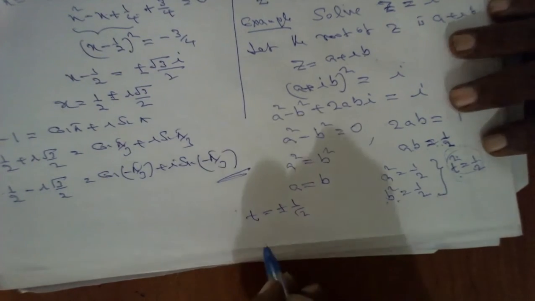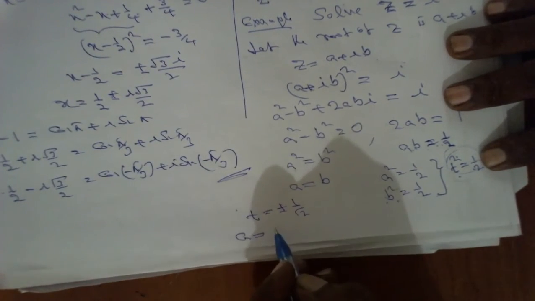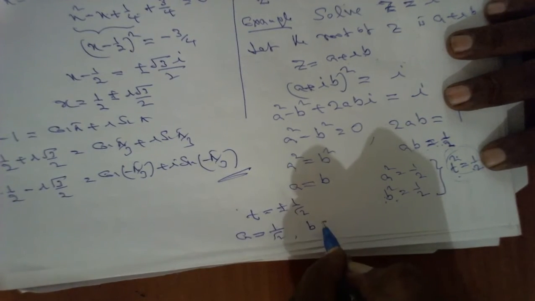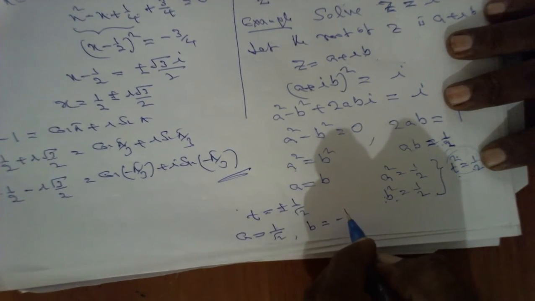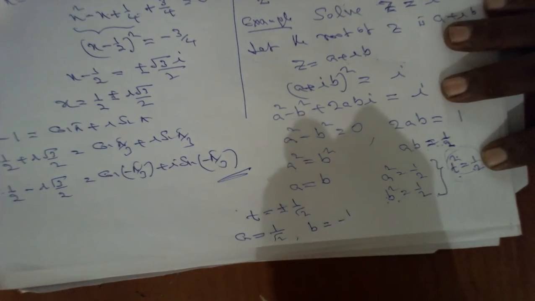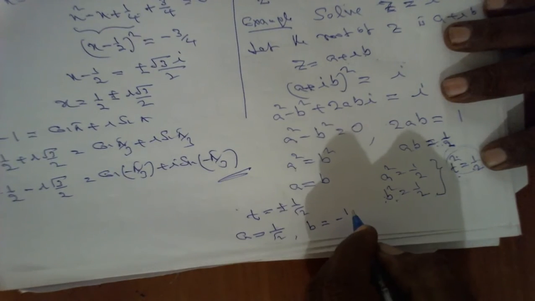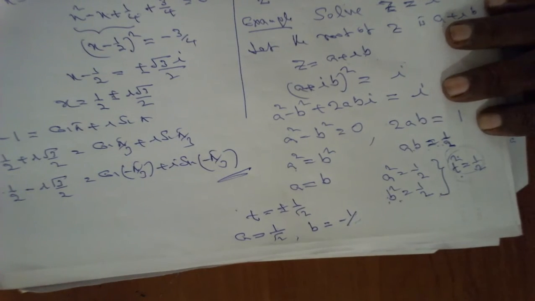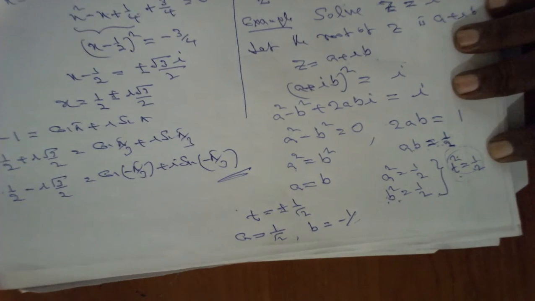So you can take one root a equals 1 over root 2, then b equals 1 over root 2, and the other is a equals minus 1 over root 2.